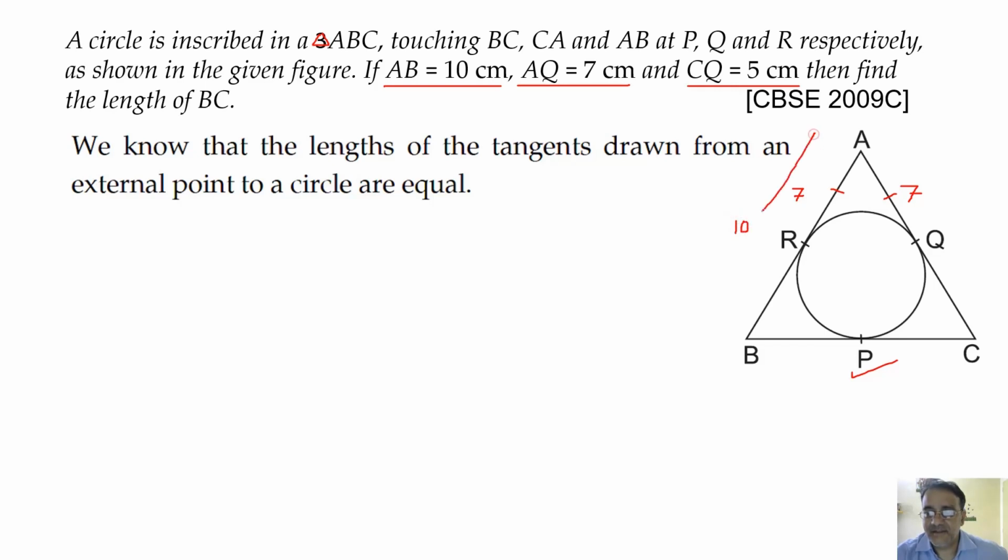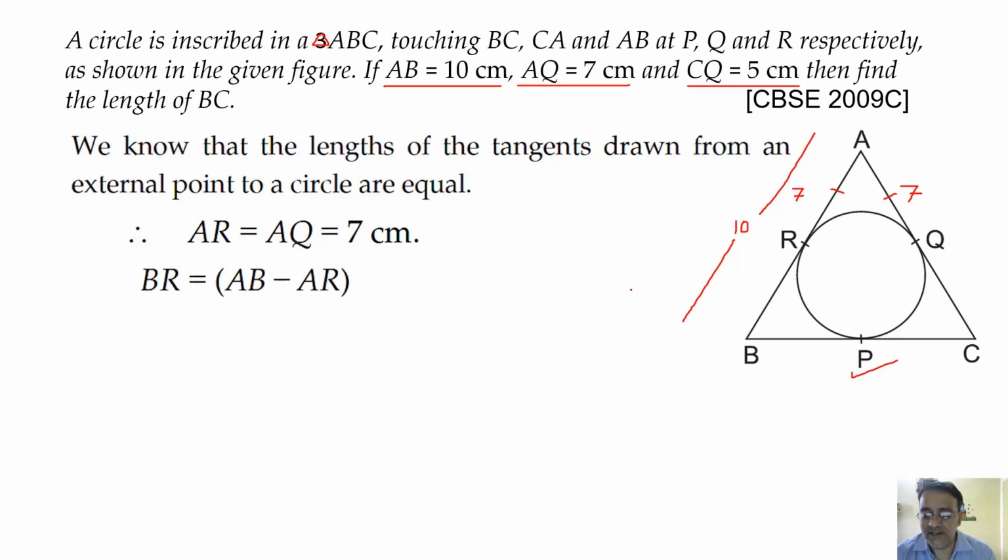AB minus AR. Right, very good. So AR is equal to AQ is equal to 7 centimeter. So BR is equal to AB minus AR. So how much are we getting? 3 centimeter. 3, right. So BP भी 3 हो जाएगा, ये दोनों भी equal हो जाएगा.